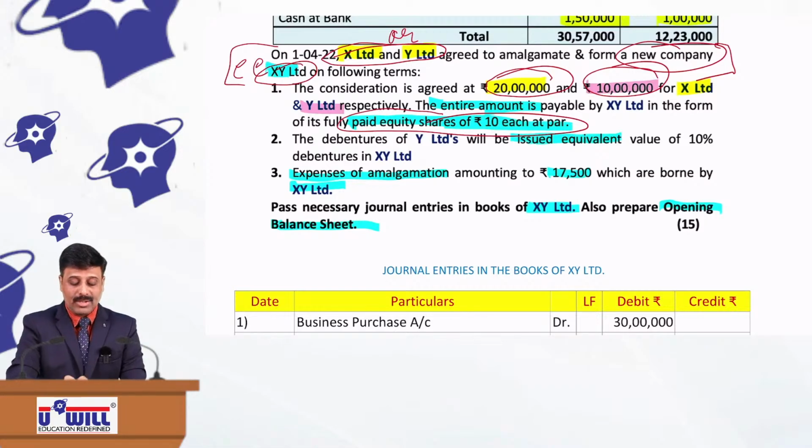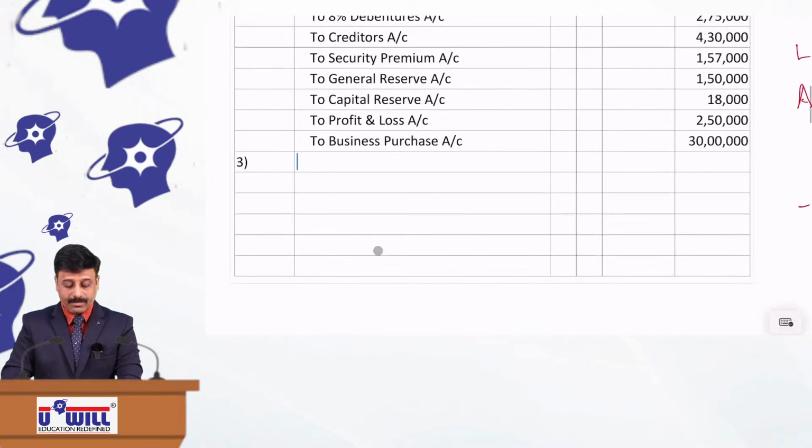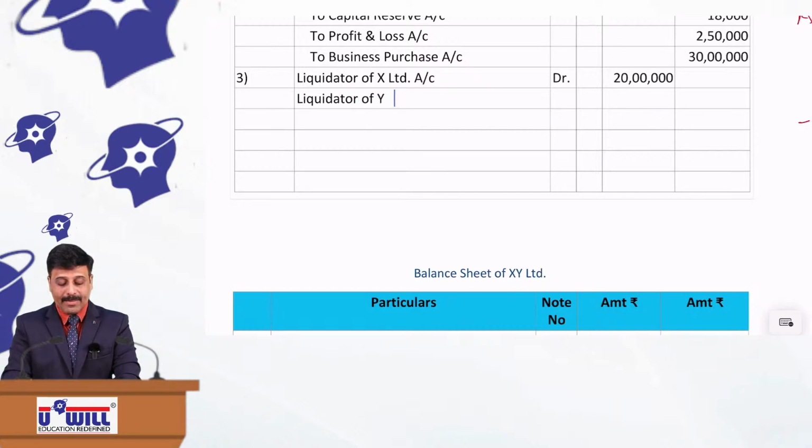Okay. So that particular entry will be now. Liquidator is the receiver, debit the receiver. Liquidator of X Limited account debit with the amount of 20 lakhs. Again, liquidator of Y Limited is the receiver, debit the receiver.